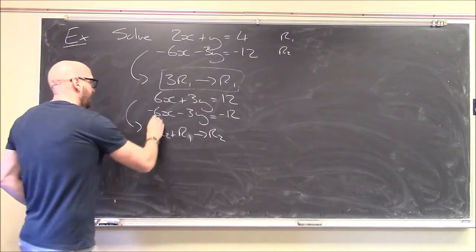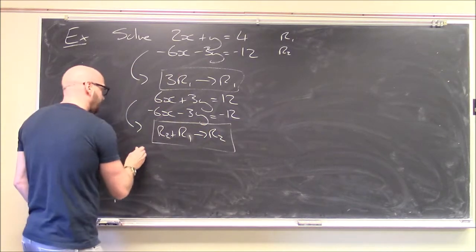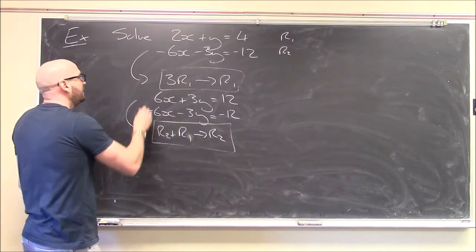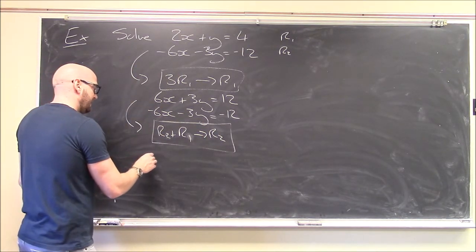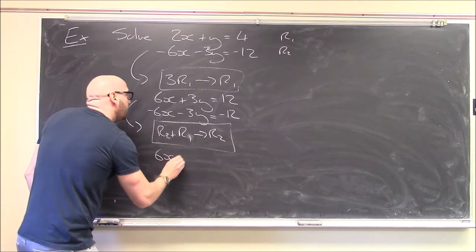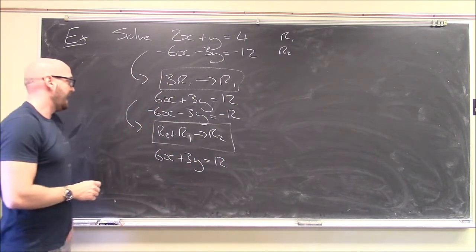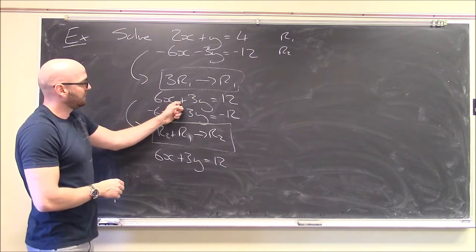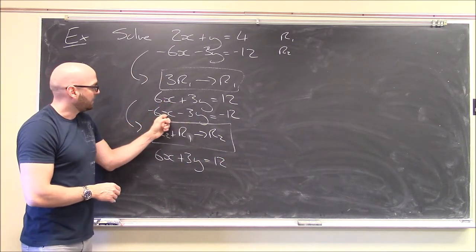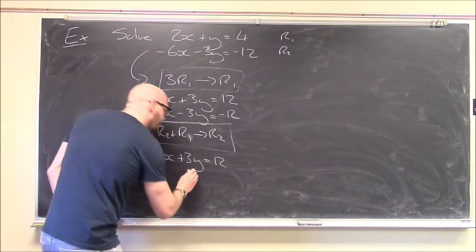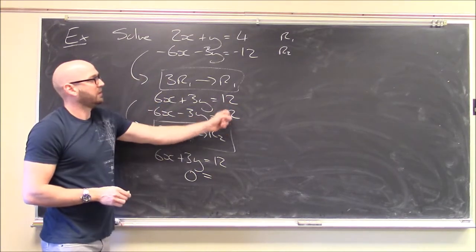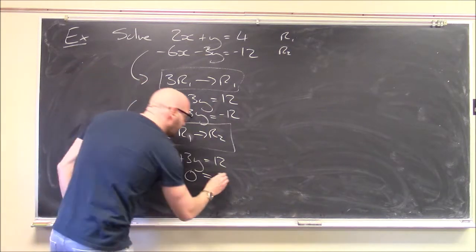So there's our second step. And that gives me what? First equation is unchanged, 6x plus 3y equals 12. And if I add the top equation to the second one, I've got 0 plus 0, so 0 equals 12 plus -12, which is 0.